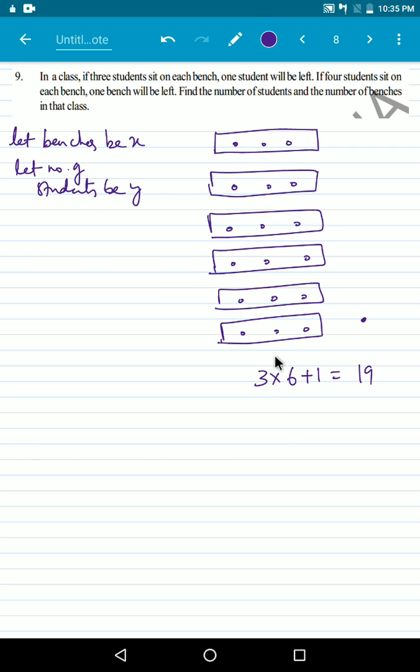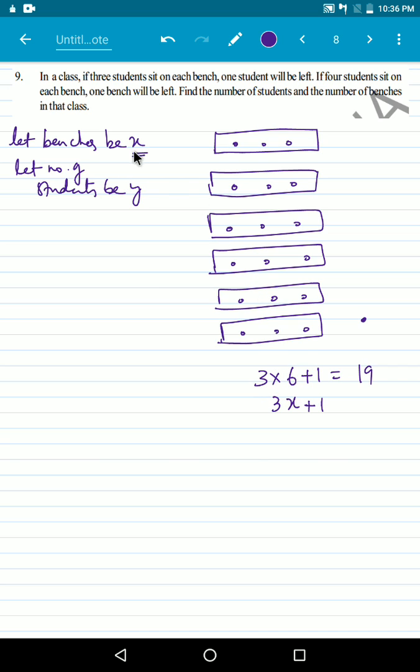So here we took the number of benches as x. So in place of these 6 benches, we should replace 6 with x. And on each bench 3 students are sitting. So the number of students who are sitting will be 3 into x, and there is 1 student standing. So the total number of students will be 3x plus 1. See, 6 benches were there, so we wrote 6 into 3.